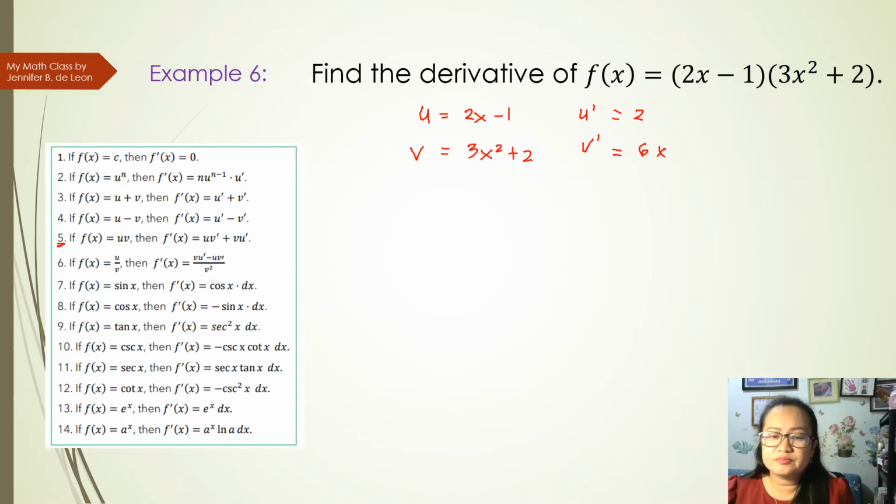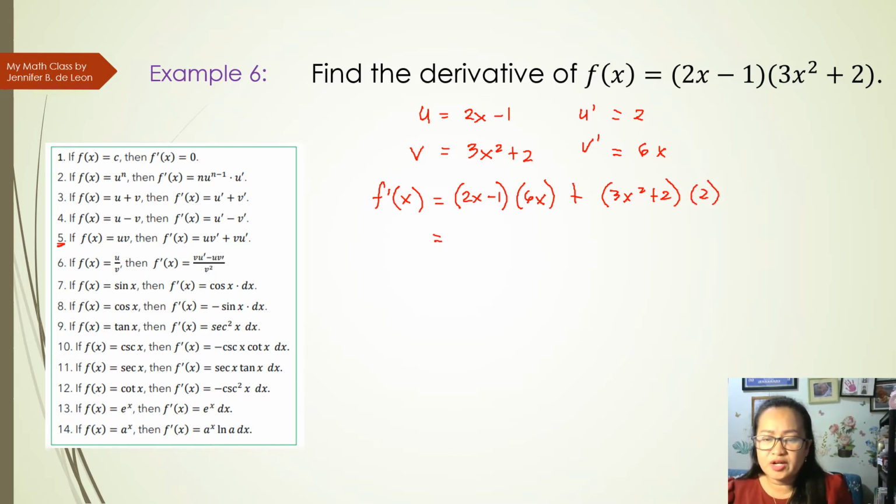Now, following the format, it says that the derivative of a product is equal to uv prime. So u is 2x minus 1, and then v prime is 6x. Then we have plus vu prime. So our v is 3x squared plus 2, and our u prime is 2.